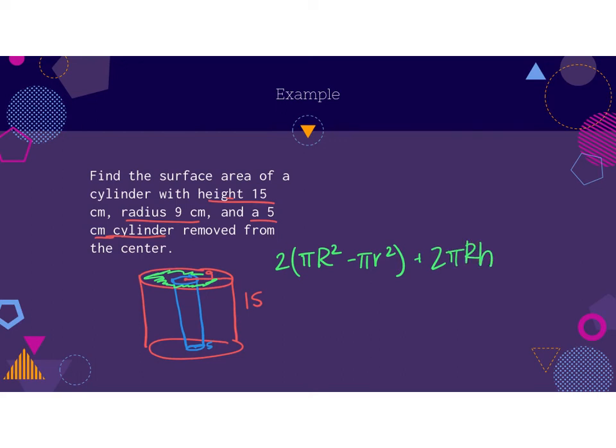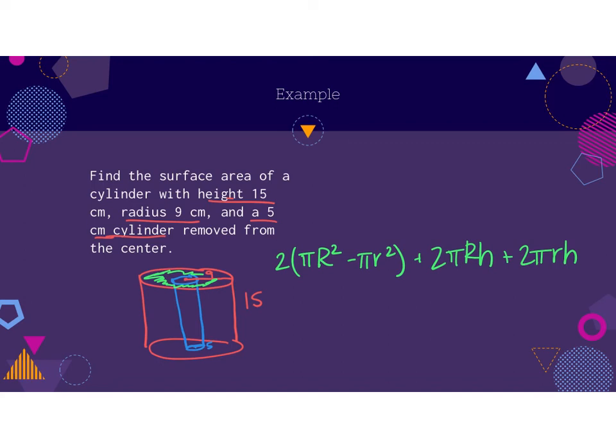But then on the inside, because there's that hole, we would want to again find this area on the inside. So we would use plus 2 pi little radius times height. Because remember, if I were to unfold, those would be rectangles.